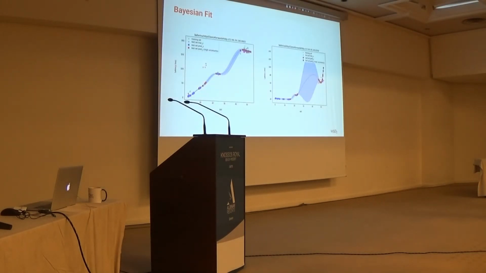One thing we try to do is a Bayesian fit to the data. The earlier one I mentioned, the USL, is just an analytical model. You try to force the data into a particular curve, but you don't have to do that. You can even do something like a Bayesian fit.